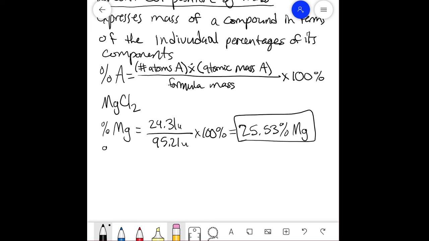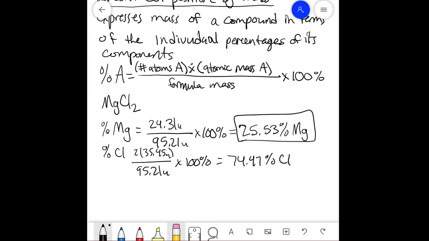And then if you were to do chlorine, same thing. Obviously, if you had 3 and you got the other 2, you could just subtract from 100.